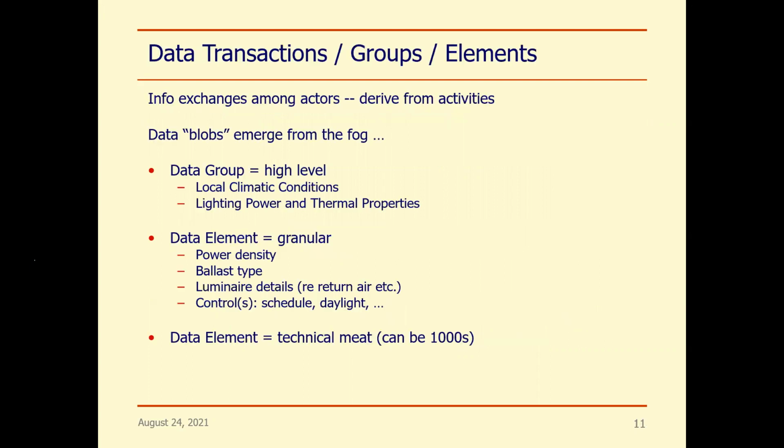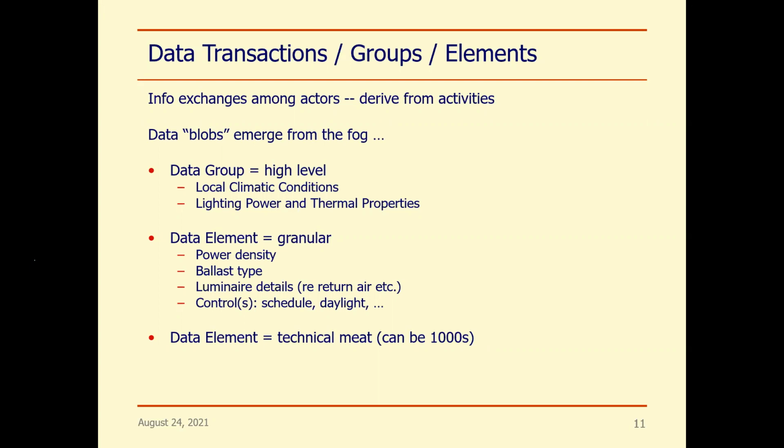So then when you start talking in terms of who's saying what to whom, you begin to see blobs of data. And these would be initially kind of high level, and we call these data groups. And I think that term has carried forward in BDE work. Perhaps like local climatic conditions or lighting power and thermal properties, things of that sort.